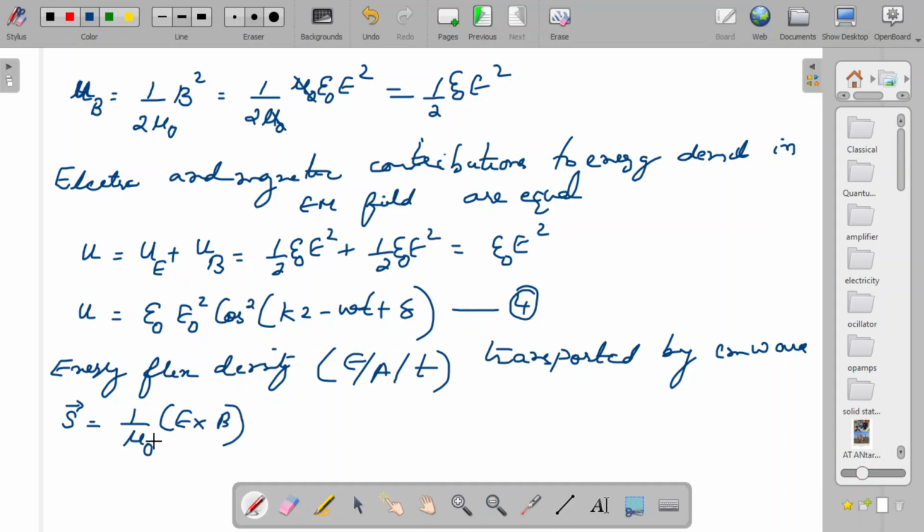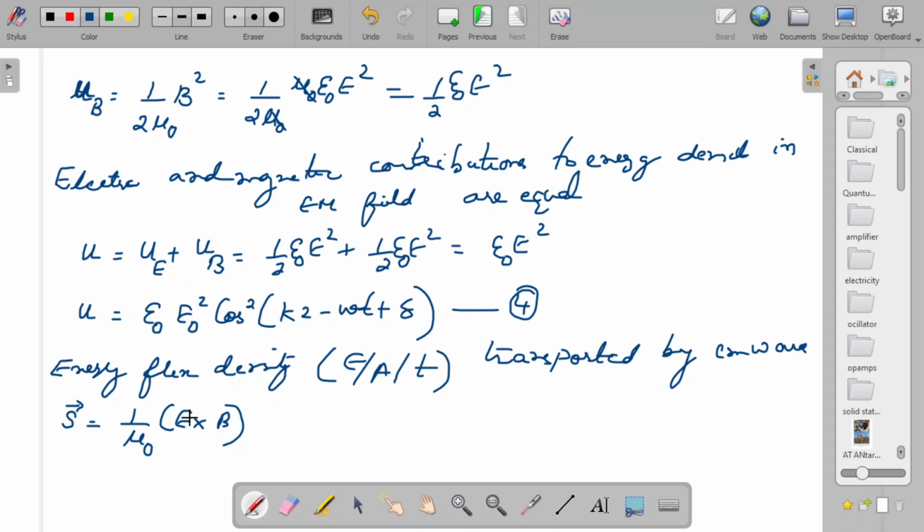So I have written the formulation for U. Now I am coming to the Poynting vector S, which shows the energy transported by the electromagnetic wave, which is actually 1 by mu 0 into E cross B.